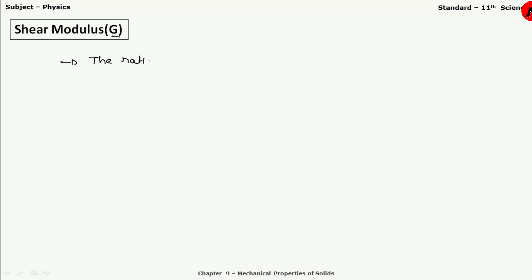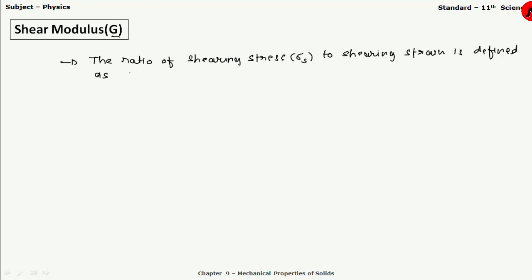The ratio of shearing stress, which is defined by symbol sigma s, to shearing strain is defined as shear modulus.